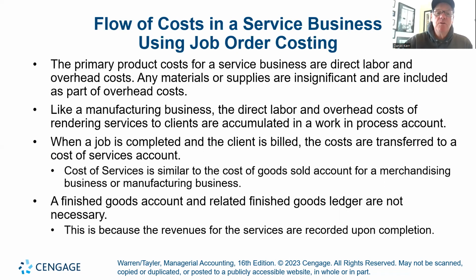In this case, for a hospital, it would be each patient. And when the job is completed and billed, we come up with the total cost of the services, and the cost of the services is similar to the cost of goods sold for a merchandising or a manufacturing business. But we don't have to maintain an actual inventory because once the job is finished, we actually bill the customer. So the revenue and the services are recorded upon the completion of the job.